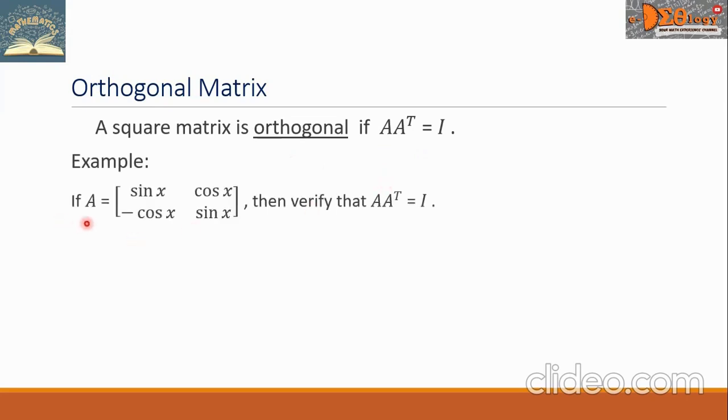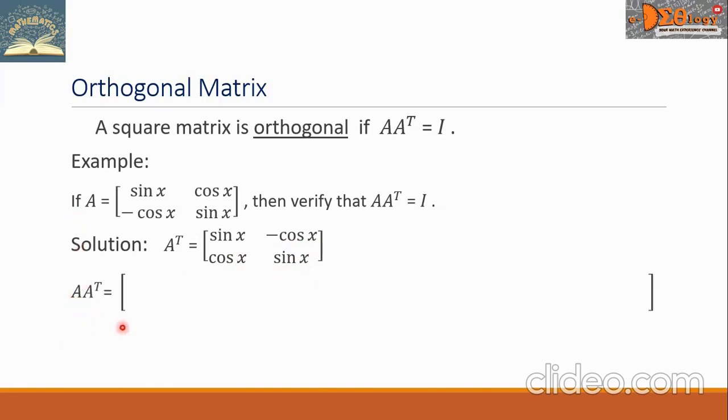Example, if matrix A equals with elements sin x, cosine x, negative cosine x, sin x respectively, then verify that A times A transpose is equal to capital I. For our solution, first we will write the A transpose. The elements now are sin x, negative cosine x, cosine x, sin x respectively. Then we're going to multiply A by A transpose.